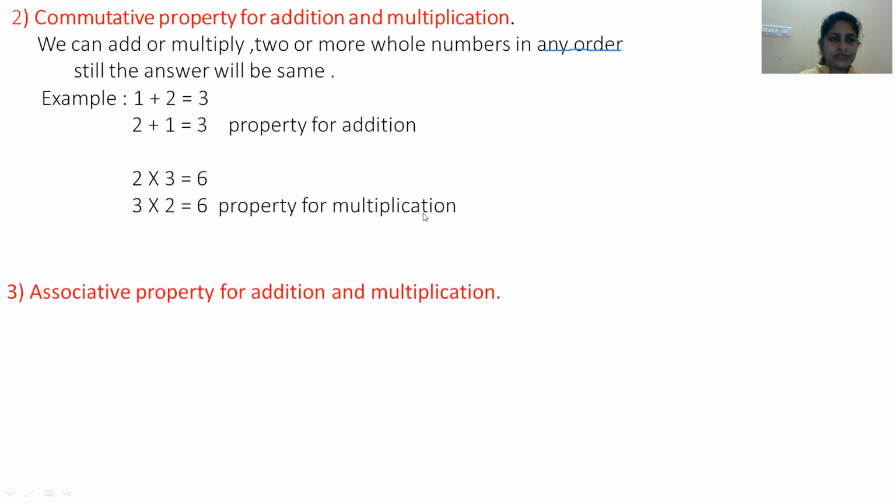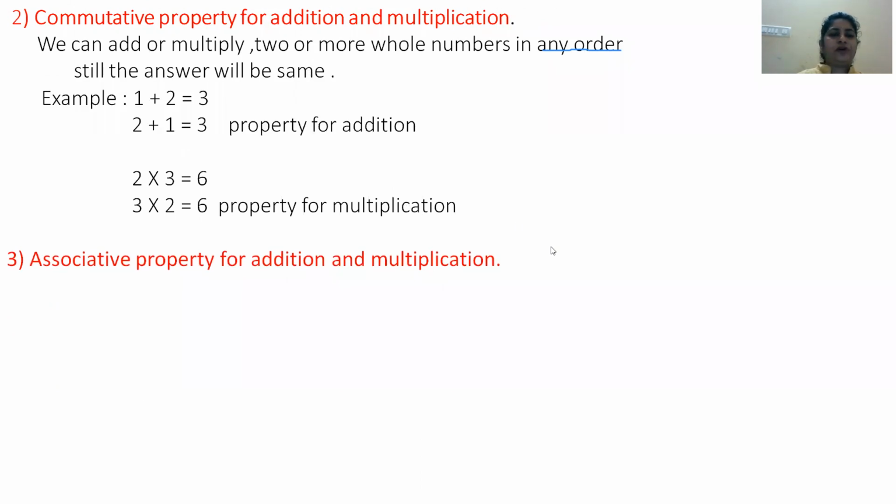Hope you understood this. Let us move to another property. Associative property for addition and multiplication, and the next one is distributive property. These two properties are widely used in future to solve for bigger numbers.